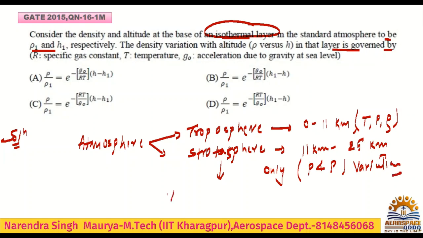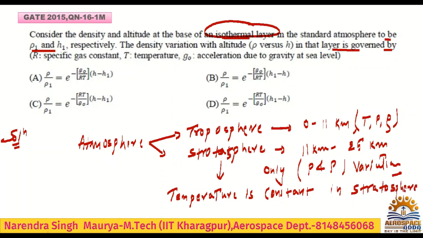What about temperature? Temperature is constant in the stratosphere. You need to remember this, this is the remark point. In the stratosphere, temperature is constant. That's the reason it is given as isothermal.